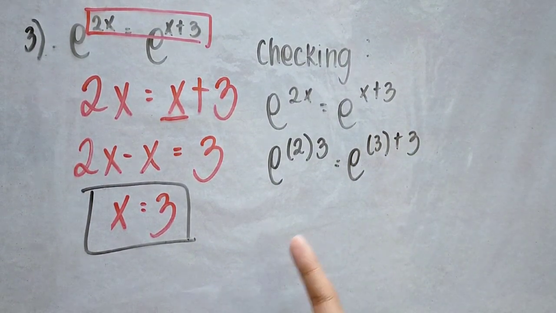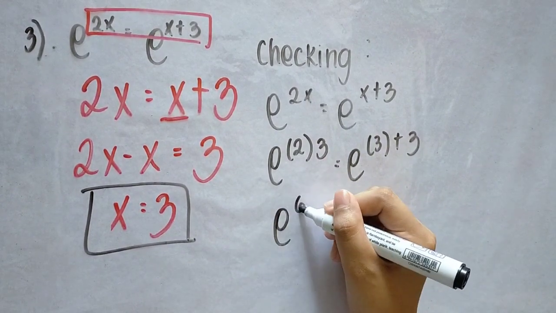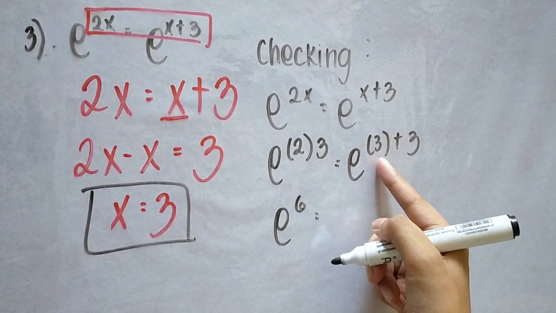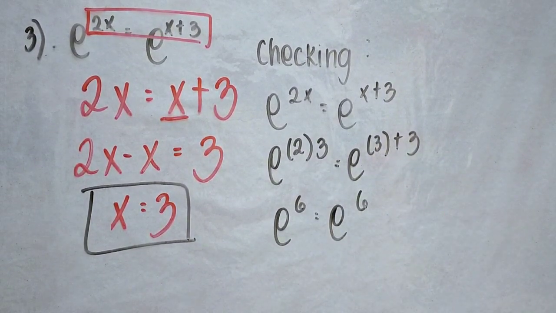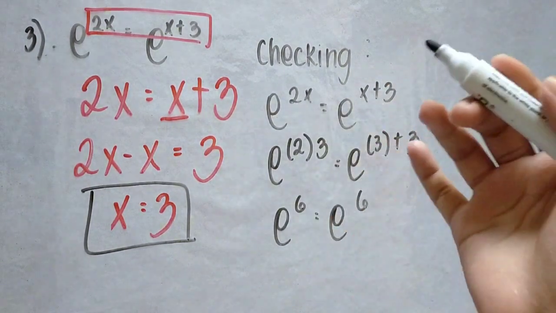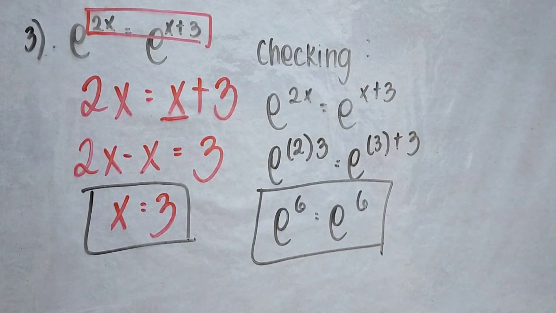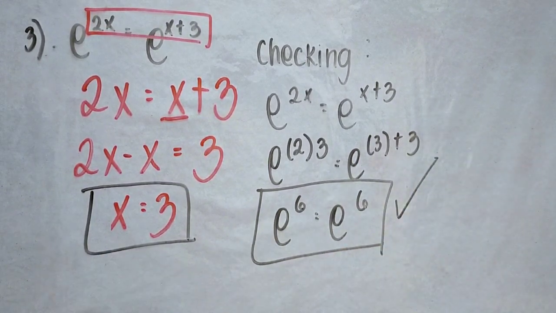Ngayon, 2 multiplied by 3, the answer will be 6. And 3 plus 3 is also going to be 6. It is very easy and it is very fun if you will really have fun learning the things around you. Now, nakuha na agad natin yung sagot. And tama nga yung nakuha nating x.